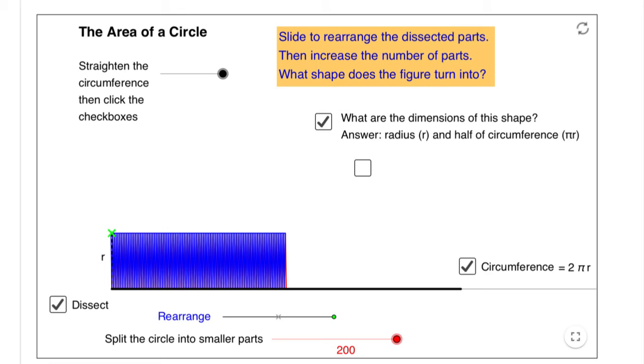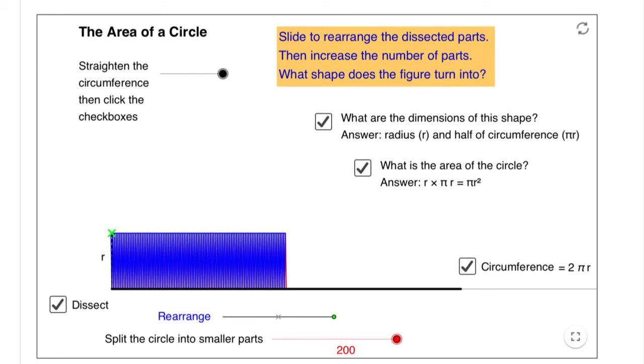So what are the dimensions of this shape? Well, the radius is r, and the other side is half of the circumference. Remember, we divided it out amongst the full circumference and then folded it back on top of itself, so this is half the circumference. So what's the area of the circle?